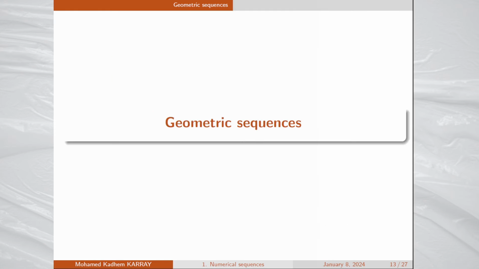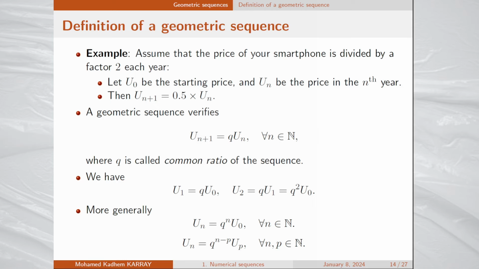We present now geometric sequences. We begin by an example. Assume that the price of your smartphone is divided by a factor 2 each year. Let u0 be the starting price and un be the price in the nth year.